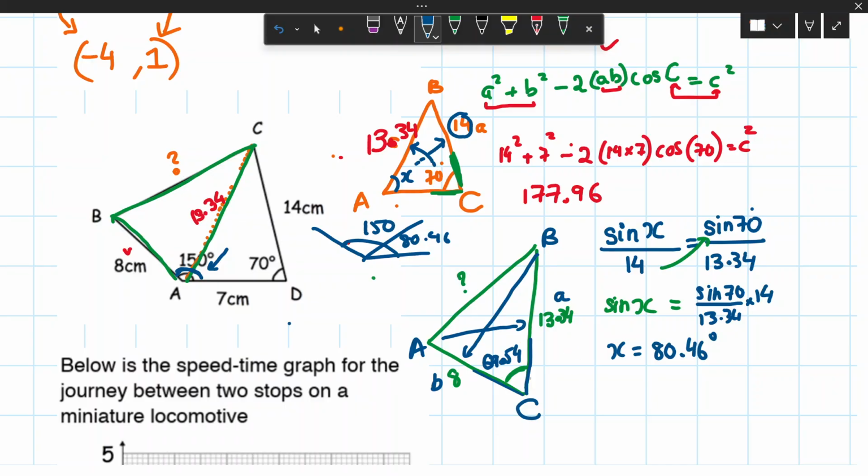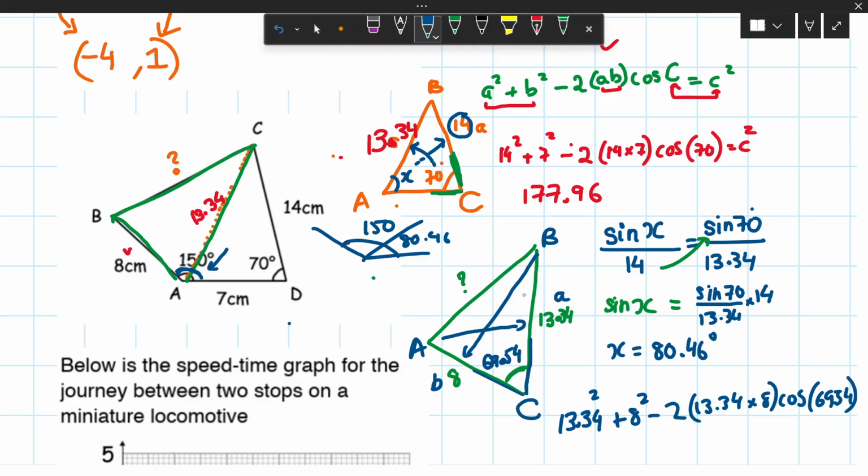So if we write the formula again, this would be A squared, which is 13.34 squared, plus B squared, which is 8 squared, minus 2 lots of 13.34 times 8 cosine of the angle 69.54, and that would be equal to C squared.